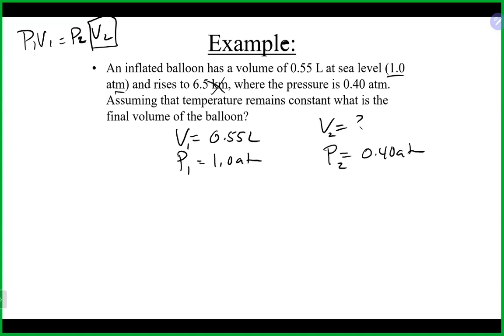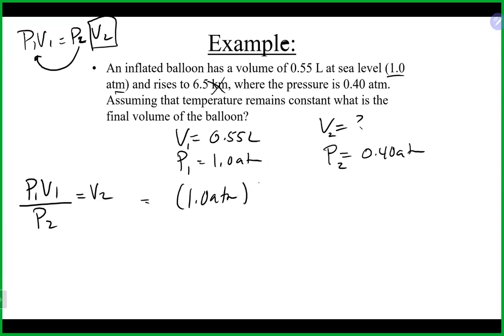So in this case, we are going to divide this to the other side. And by the way, in gas laws, when you move something to the other side of the equal sign, it ends up on the bottom, or opposite location of where it started from. So putting in our numbers here, we got our P1, which is 1 atmosphere, our V1, which is 0.55 liters, and our P2.